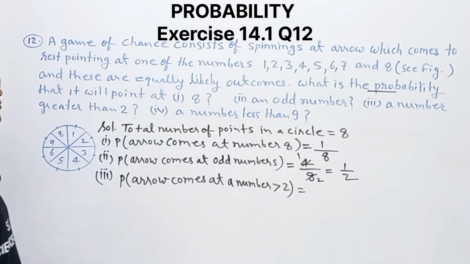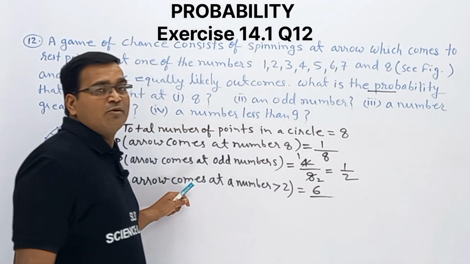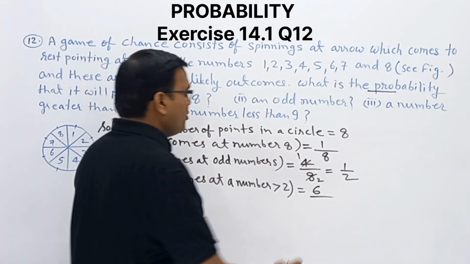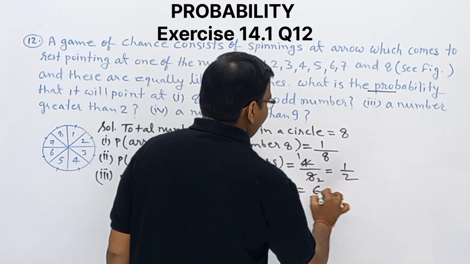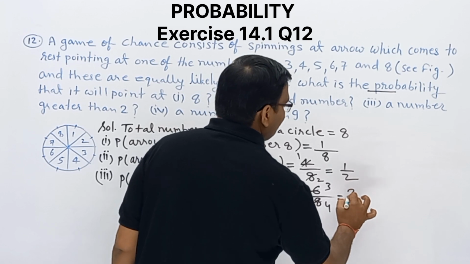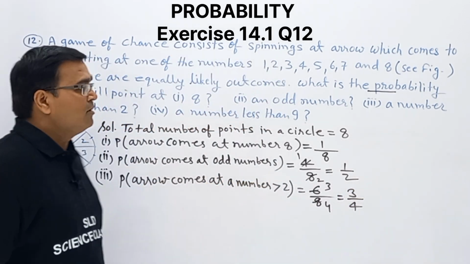From 1 to 8, the numbers greater than 2 are 3, 4, 5, 6, 7, 8. So 6 numbers are greater than 2. The number of favorable outcomes is 6, divided by the total possible outcomes, which is 8. Solving this, 3 times, 4 times, we get 3 by 4 as the probability of the arrow coming at a number greater than 2.